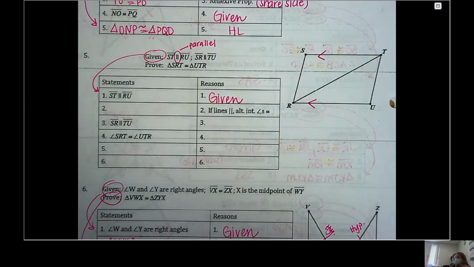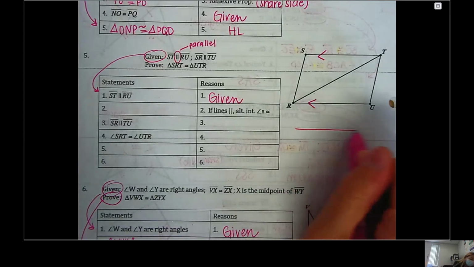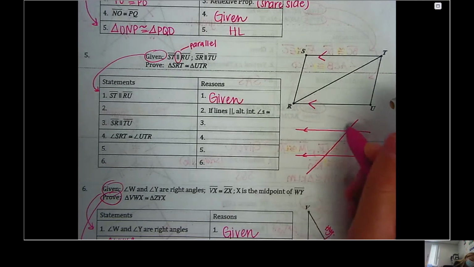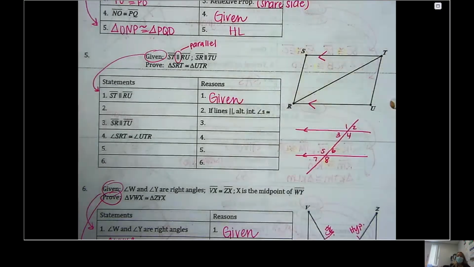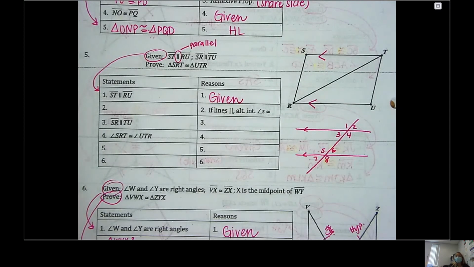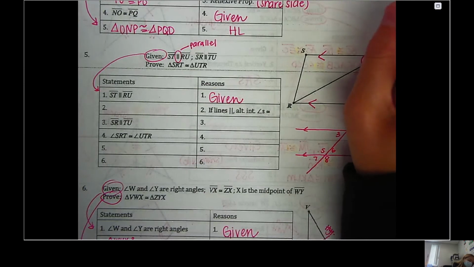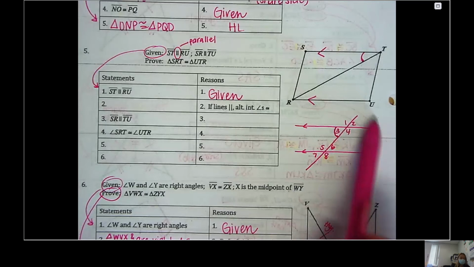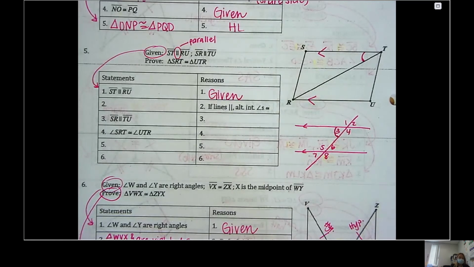Now, if you remember, parallel lines cut by a transversal, so this is kind of coming back to you. Different angles have different relationships. So this angle right here, angle 3, is alternate interior to which angle? If you're looking at these numbers here. Alternate interior. Which one of those numbers is alternate interior? Number 6.